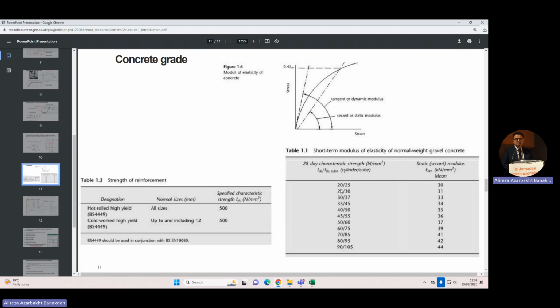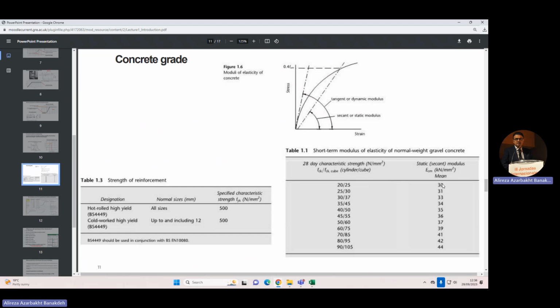So when we work with normal concretes, like C30/37, or the first one was C20/25, you remember in structural design, we had a modulus of elasticity for the concrete of 30. If you use high strength concrete, the modulus of elasticity will be increased as well.